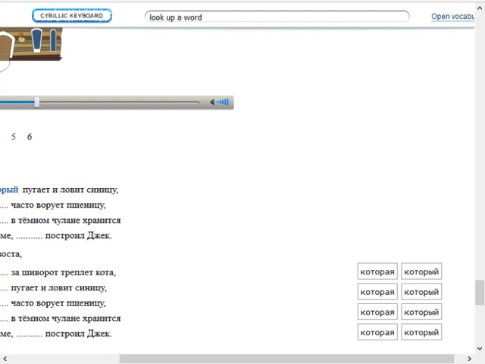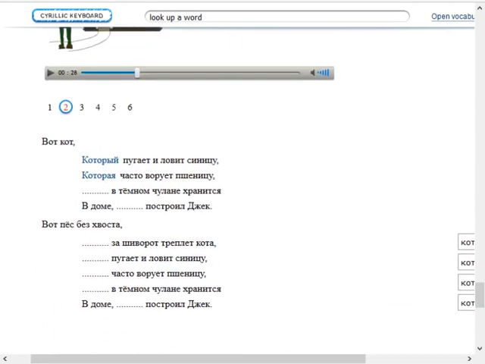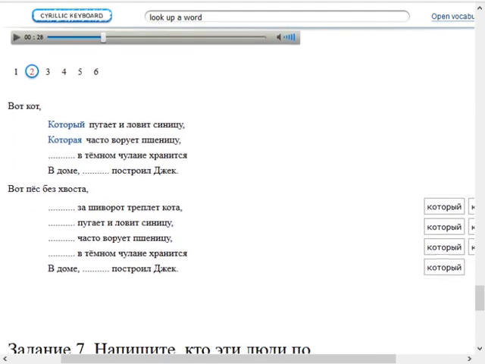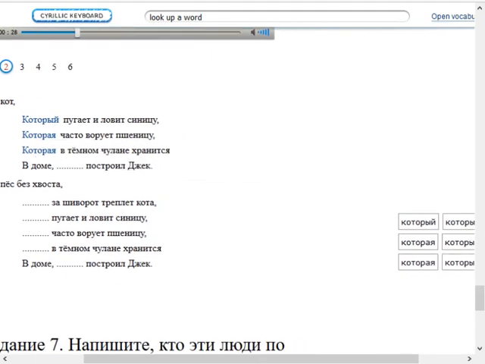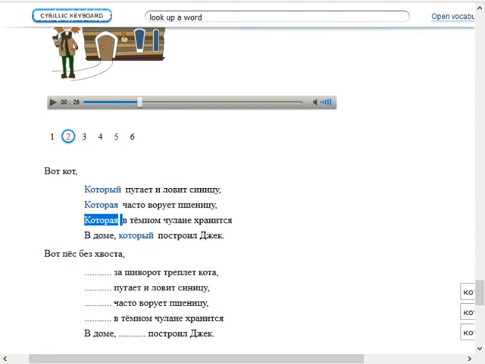Okay, yeah. I'm just going to go ahead and put this stuff in and not give explanations for why. I mean, it's pretty simple. The male nouns take который and the female nouns take которая. So, this is the cat who scares and catches the bird, who steals the wheat which is stored in the dark closet in the house that Jack built.